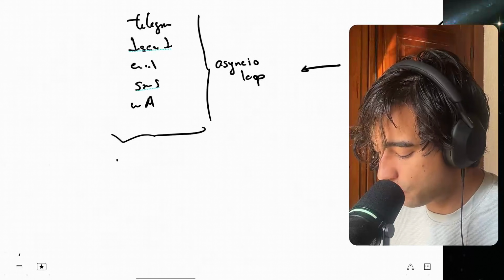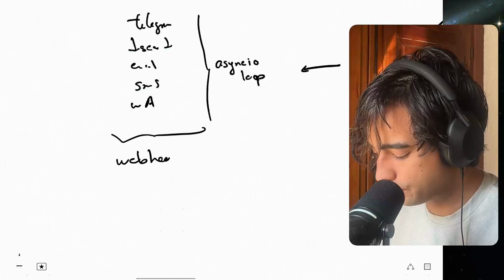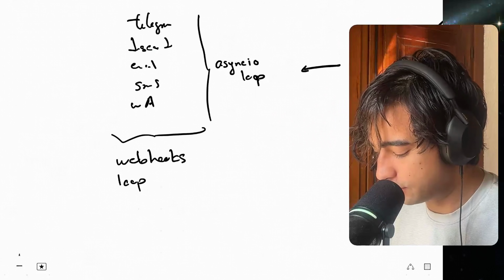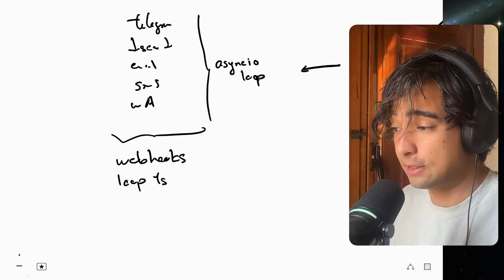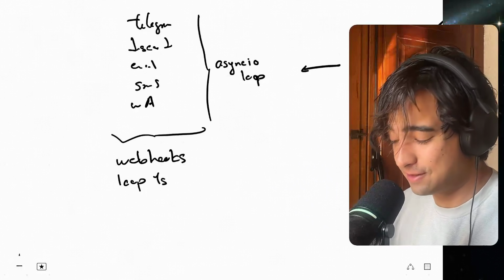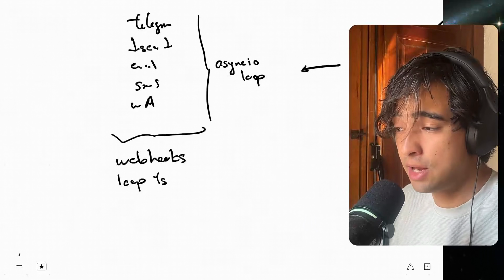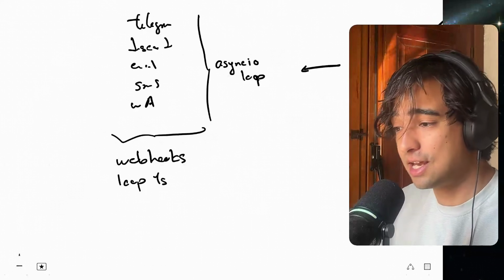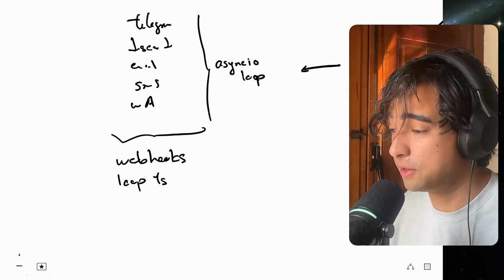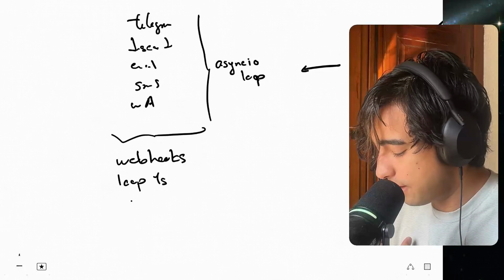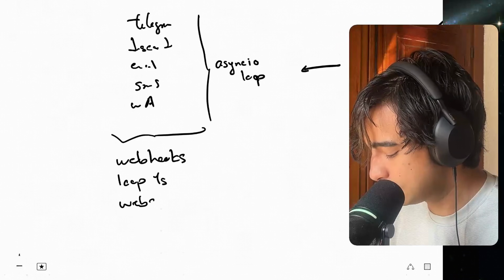Some of them work with webhooks. Some of them are actually a tiny loop that runs every second and calls that system. For example, with Telegram you can run a tiny little loop that runs every second and polls the Telegram API to see if your chatbot has new messages. Some of them work with WebSockets, etc.